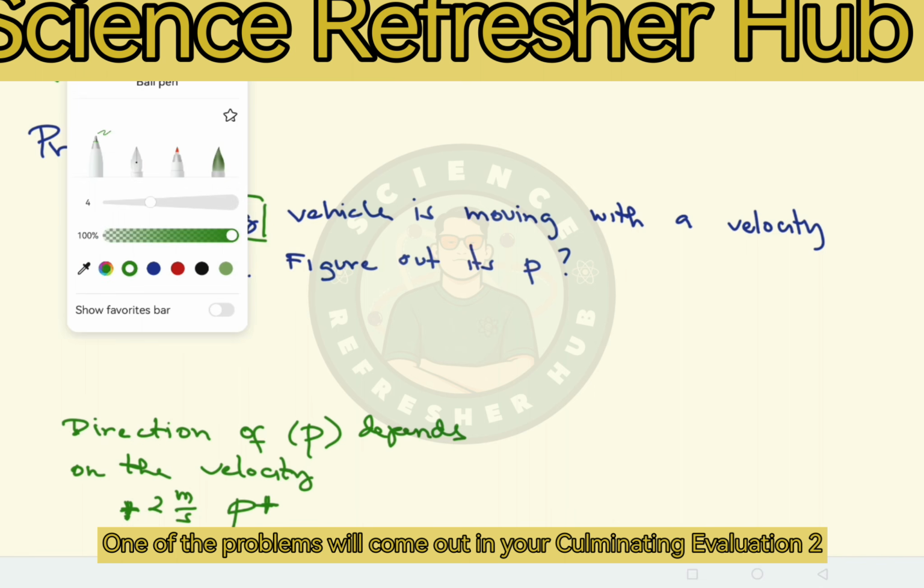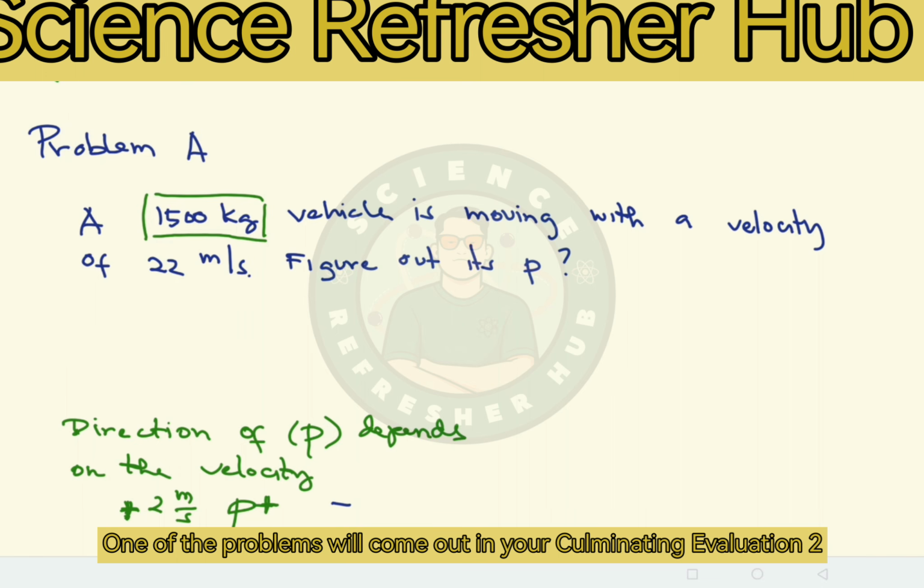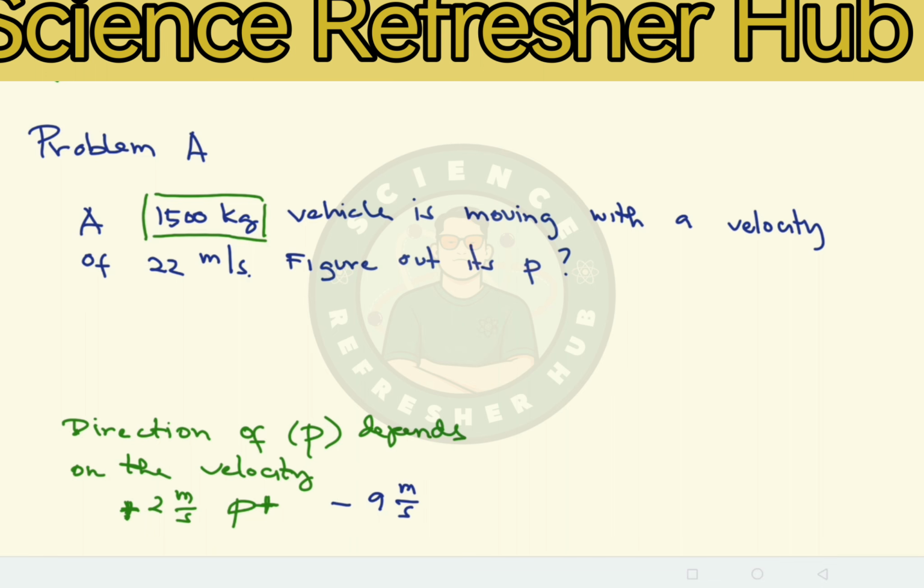Otherwise, if our velocity is going left or downwards, so we can say it's negative 9 meters per second, that's the velocity. And of course, we will have a negative momentum also. Please take note. Let's solve this simple problem.